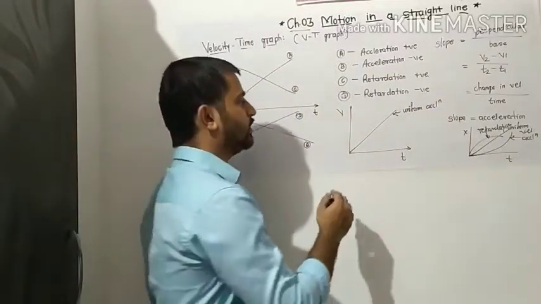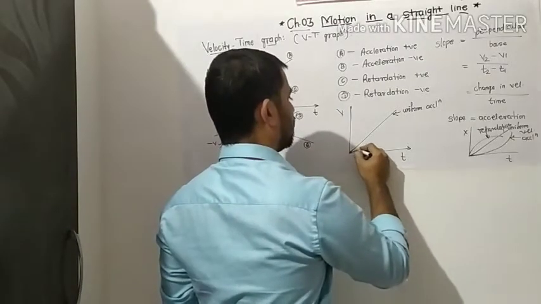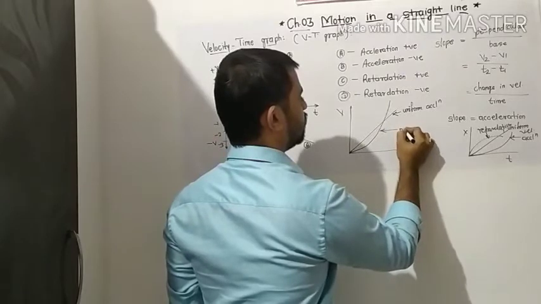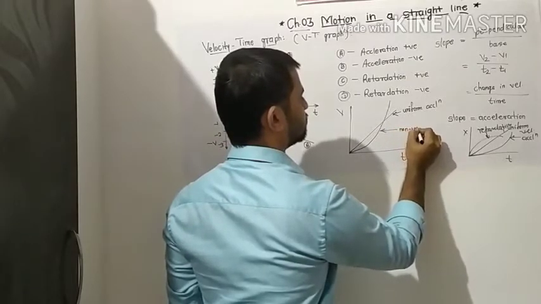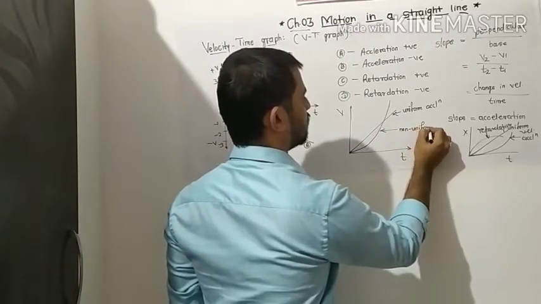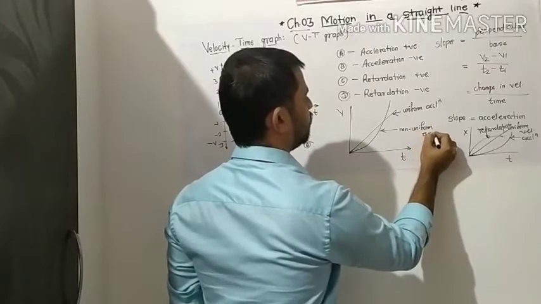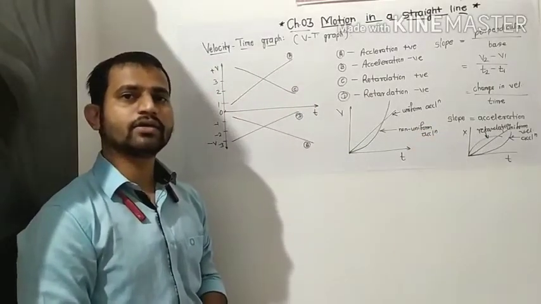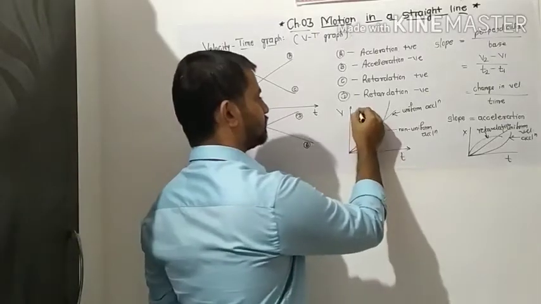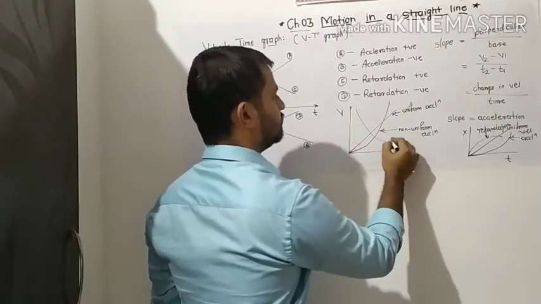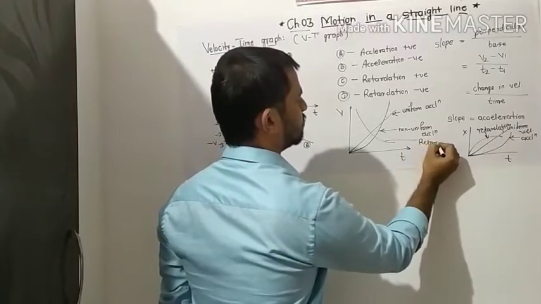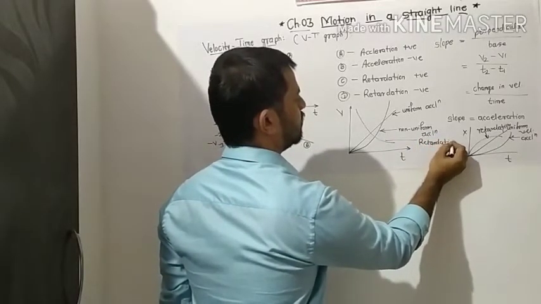Then if we get some irregular curve like this, it is a non-uniform acceleration. And if we are getting a curve like this, then it is the retardation. Okay, it shows us the retardation.